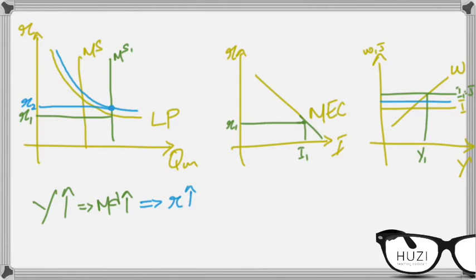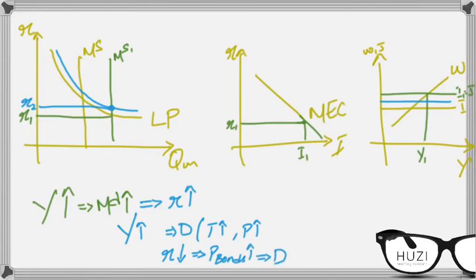If we go into detail on why the demand for money increases because of a rise in equilibrium income, the transactionary demand rises and the precautionary demand for money rises. And because interest rates fall, the price of bonds rises, and when prices rise, we know that demand for bonds falls.